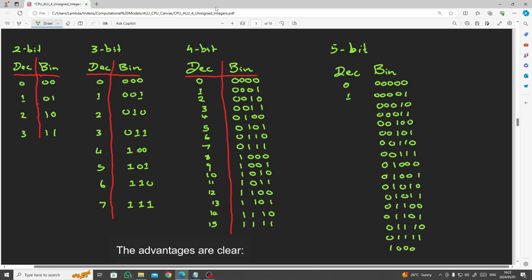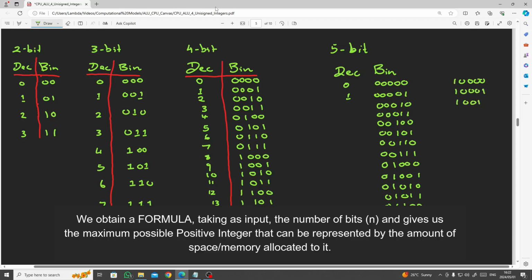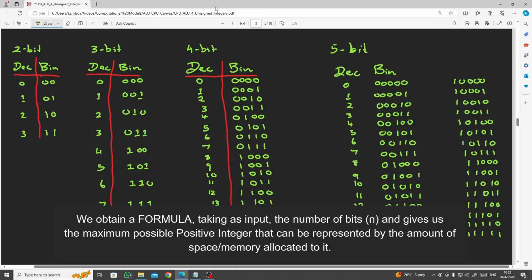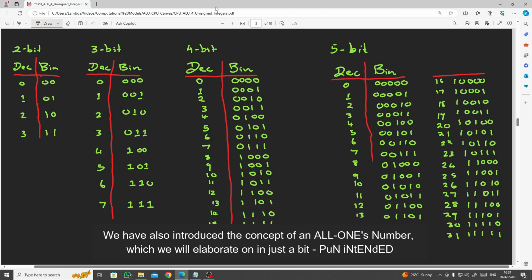The advantages are clear. We obtain a formula taking as input the number of bits and gives us the maximum possible positive integer that can be represented by the amount of space or memory allocated to it. We have also introduced the concept of an all ones number, which we will elaborate on in just a bit, pun intended.